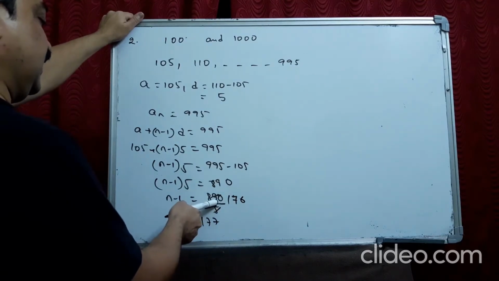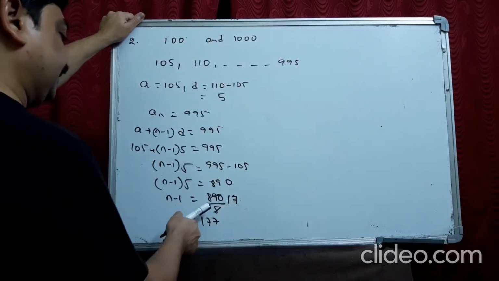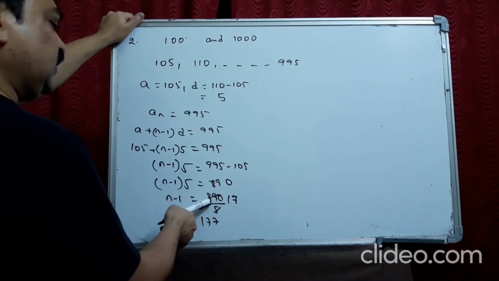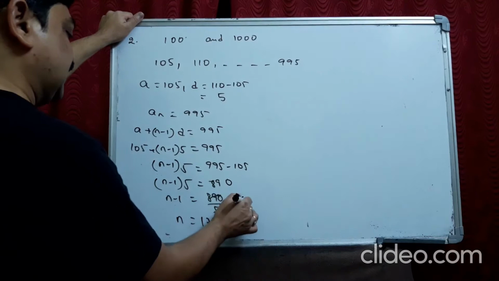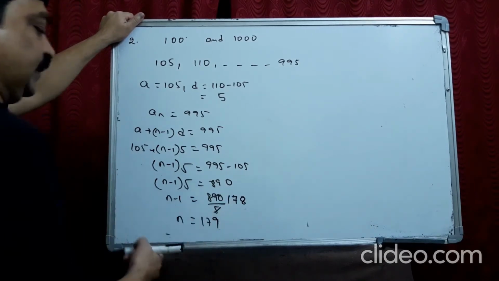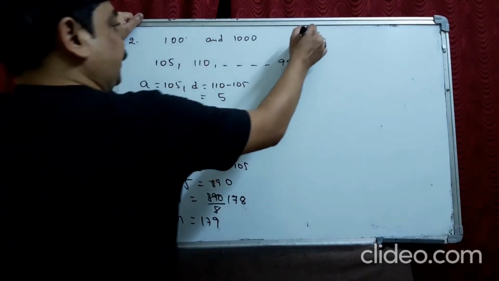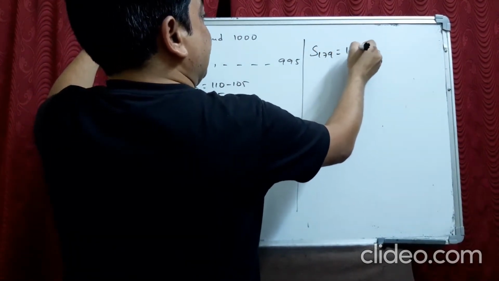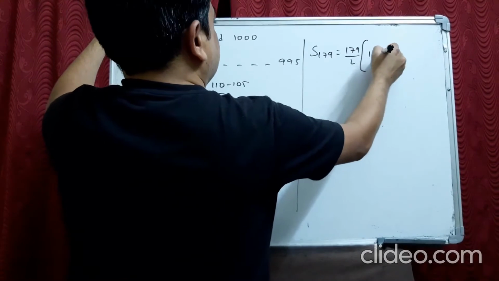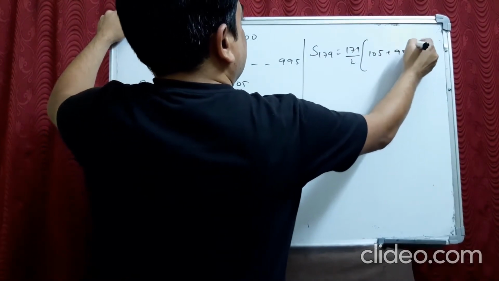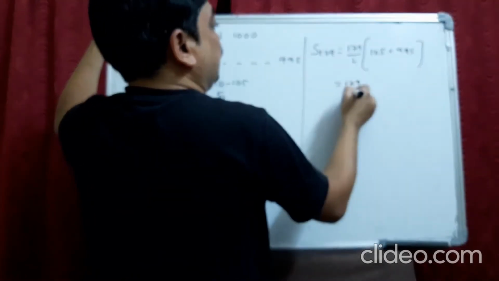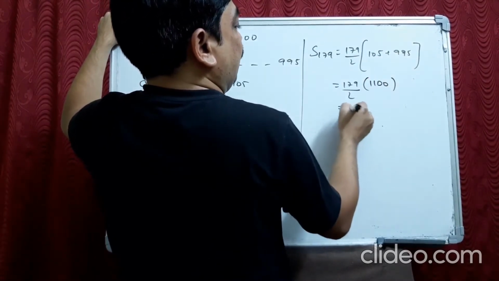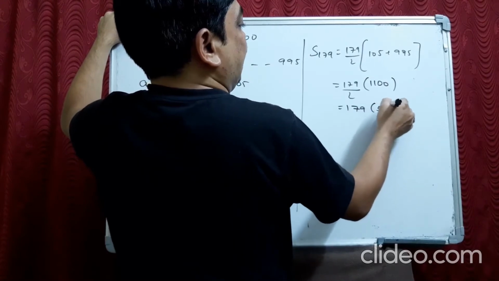5 8s are 40, 5 7s are 35, so n minus 1 is 178, n is 179. So you are asked to find out S179. So we take 179 by 2 into first plus last. So it becomes 179 by 2 into 1000 plus 100, so it becomes 179 into 550.